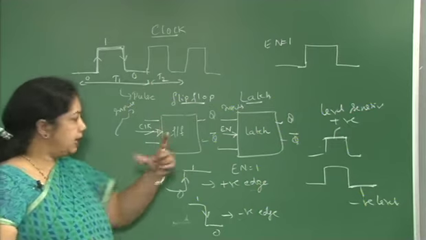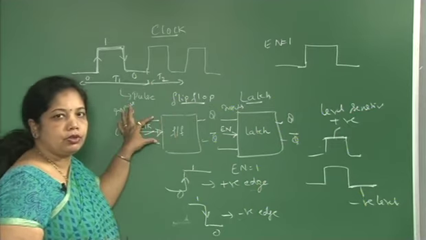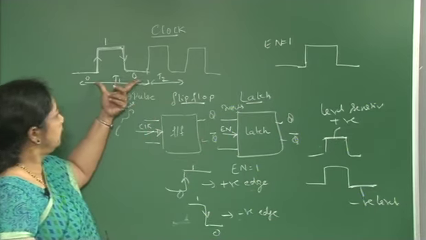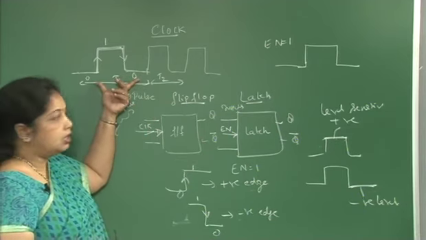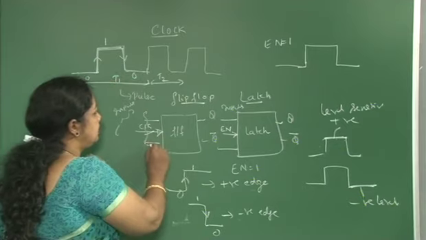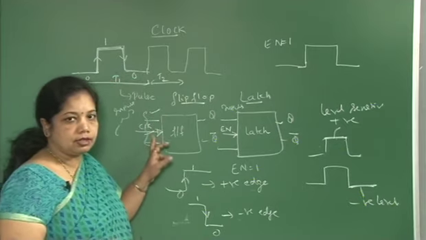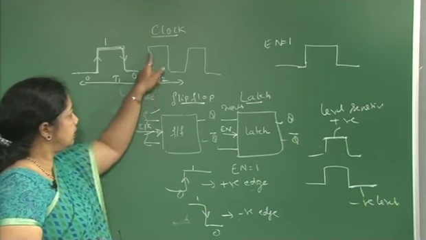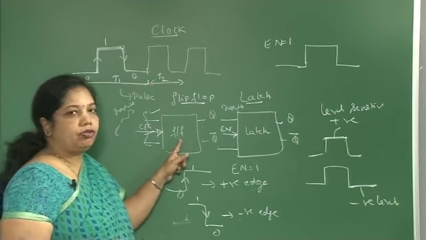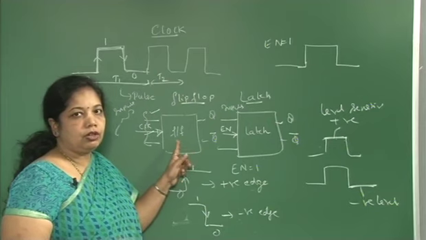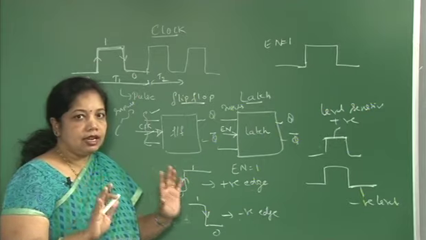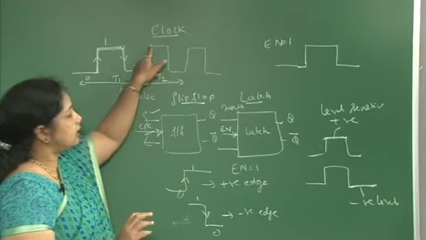Whenever I give any signals or inputs, it will respond only in this period. Suppose you change the input signals in between, before the next period, this flip-flop will not transfer, will not make any change. The data cannot be changed until the next signal comes.